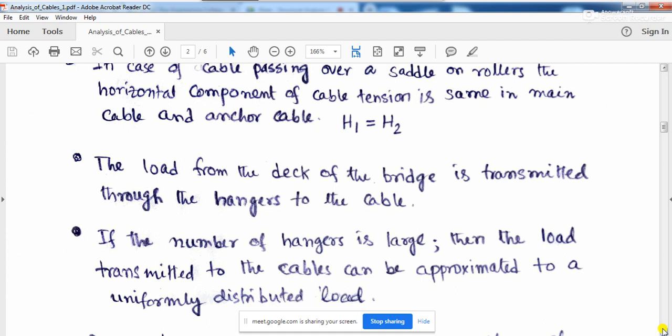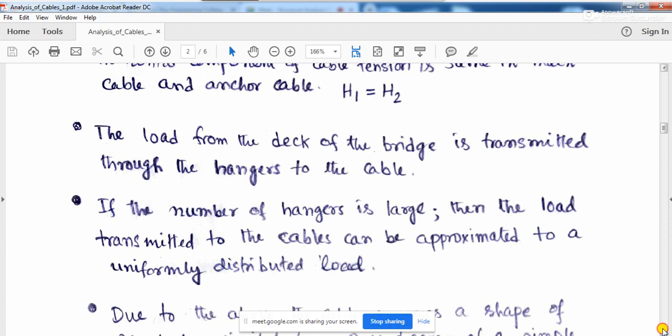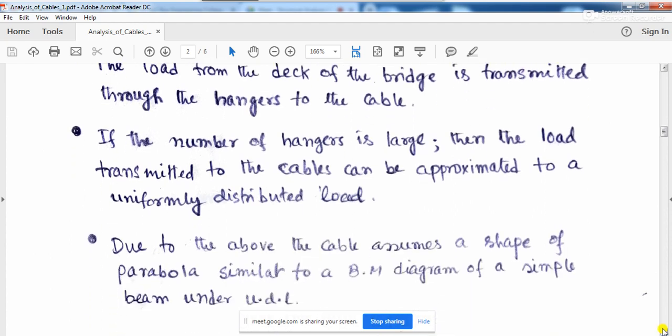If the number of hangers is large, and the hangers are very closely spaced, what will happen? The load transmitted to the cable can be approximated as a uniformly distributed load. Why?